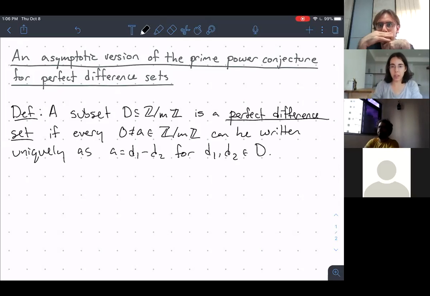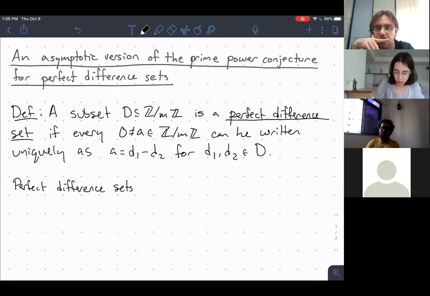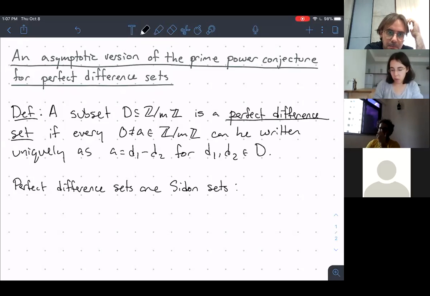We care a lot about perfect difference sets in additive number theory because they give examples of maximally large Sidon sets. Perfect difference sets are Sidon sets, which means that they have no non-trivial additive quadruples.